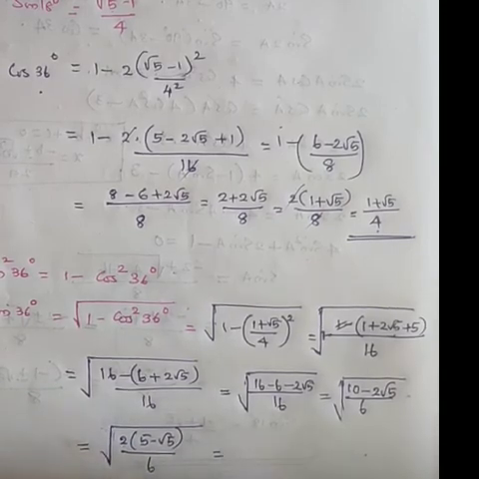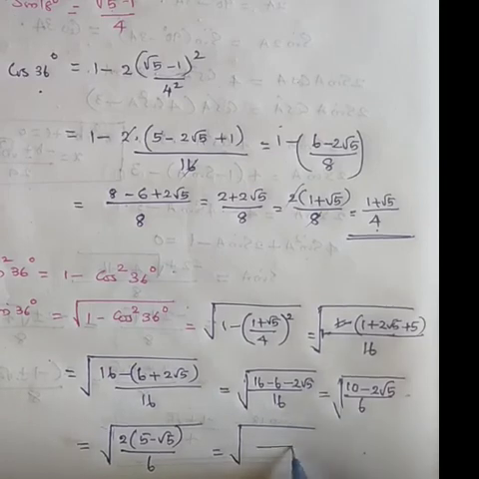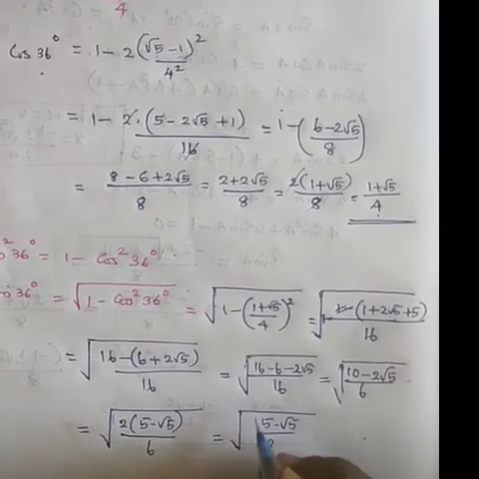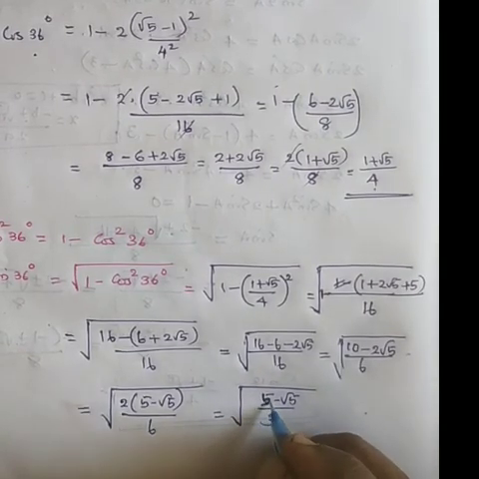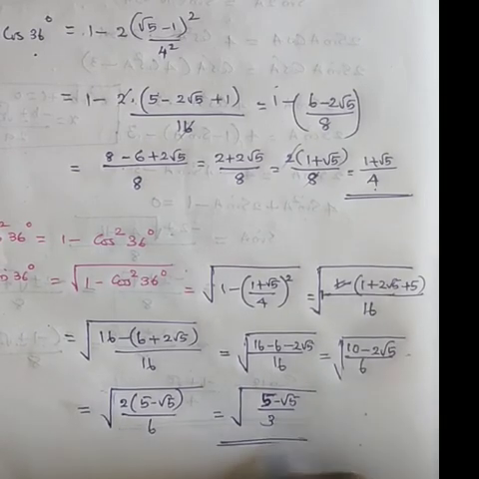This is equal to, 2 and 6 cancel and the remaining is 1 by 3 into 5 minus root 5. Okay. So sin 36 degree is equal to square root of 5 minus root 5 divided by 3.